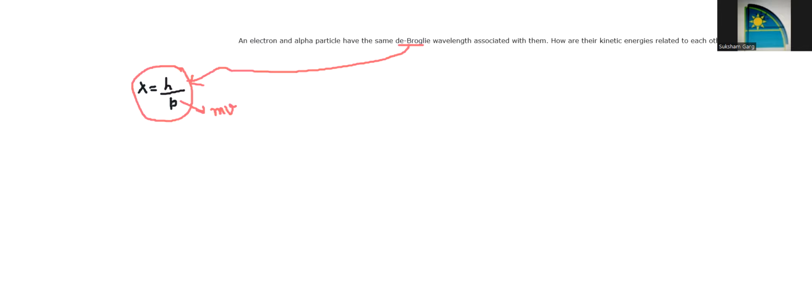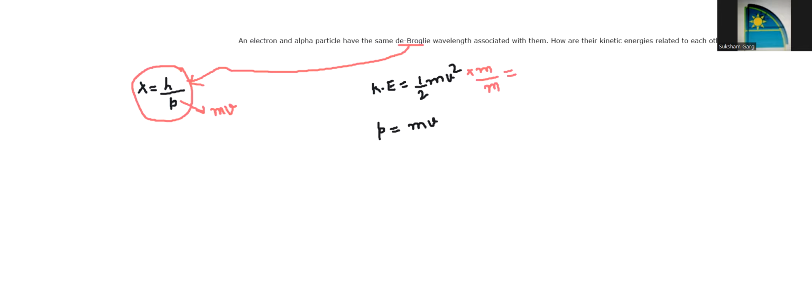Second thing, what is important for us to know is the relation between momentum and kinetic energy. So this is actually a very classic thing in physics. We know that kinetic energy is equal to half mv square and momentum is equal to m multiplied by v. How about if I want to find a relation between two things which are looking similar but not exactly similar? So how about I multiply kinetic energy by m and divide by m.